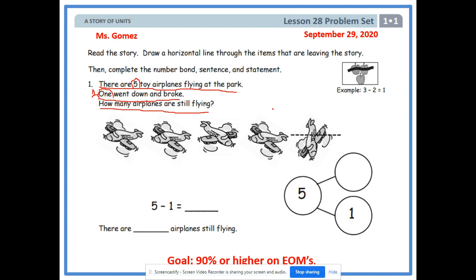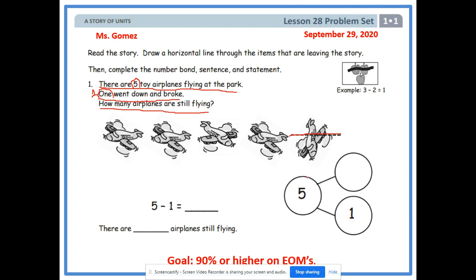So how many airplanes went down? Get ready. 1, right? So that is the one we have to cross off. Go ahead and trace the line right here. And that is the part that was given to us that we crossed off, which is right here in our number bond. They already have it for us too.